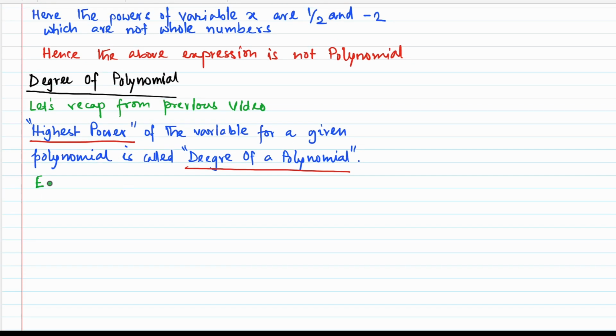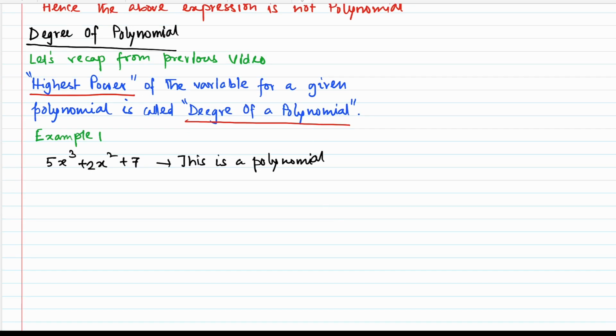Again, this is a recap which will clarify your understanding of the degree more and more. So let's take an example to identify the degree of a polynomial. In the expression 5x cubed plus 2x square plus 7, this is a polynomial, as you can see. Then we find the highest power of the variable x.